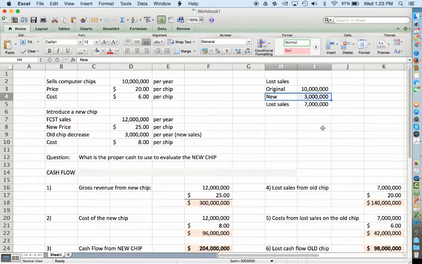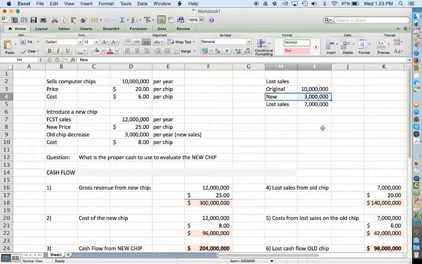And so in a project like this, we have something in existence that's being added to. So it's kind of like if I had one really cool version of a bicycle and then I introduce a new bicycle model. Well, some people that were buying that old bicycle are going to buy the new bicycle.